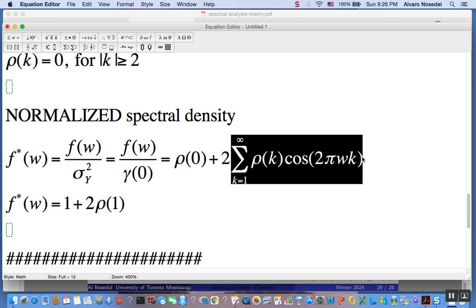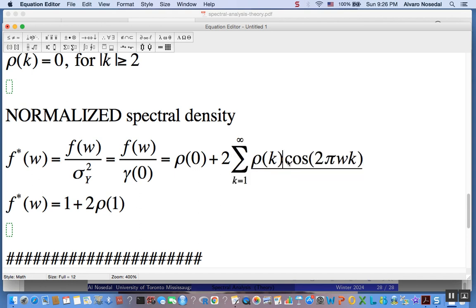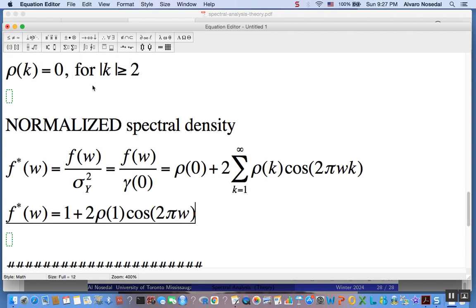And when rho is evaluated at k equals 2, that's going to be 0. K equals 3, that's going to be 0, and so on. So these are the only terms that matter in this case. After lag 2, this is just 0.